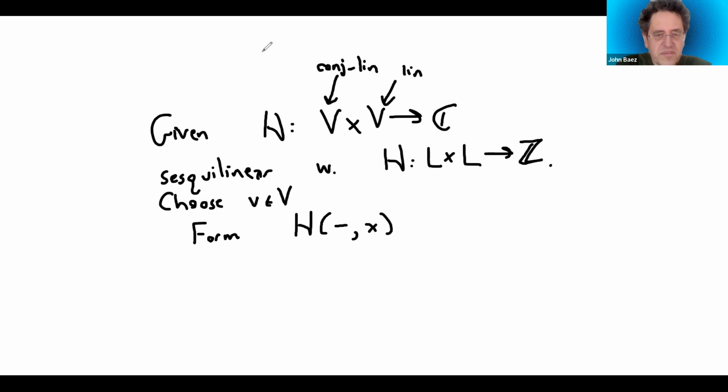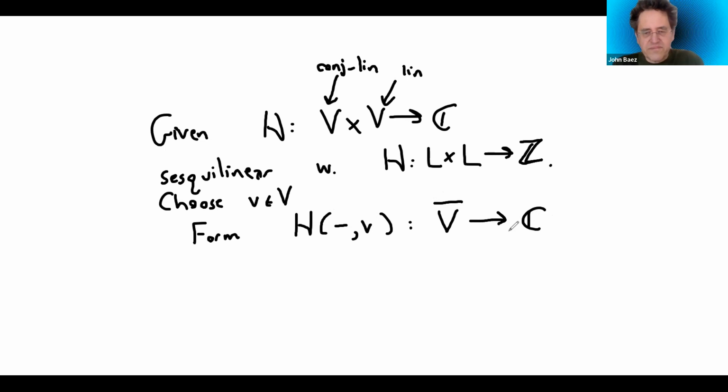Let me call it V to be nicer. And form this map here. Notice this map here depends linearly on V. But what it is, is something conjugate linear. So this thing here is a map from V conjugate, the conjugate vector space, to C. It's a linear map like that. That's how I'll think about it.